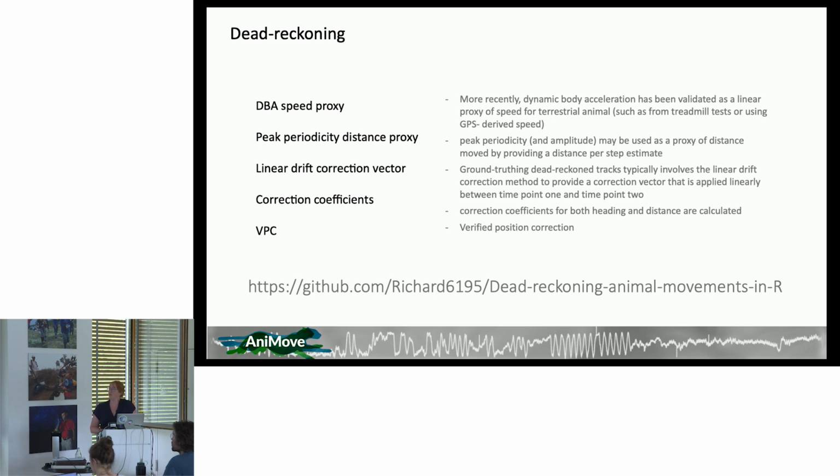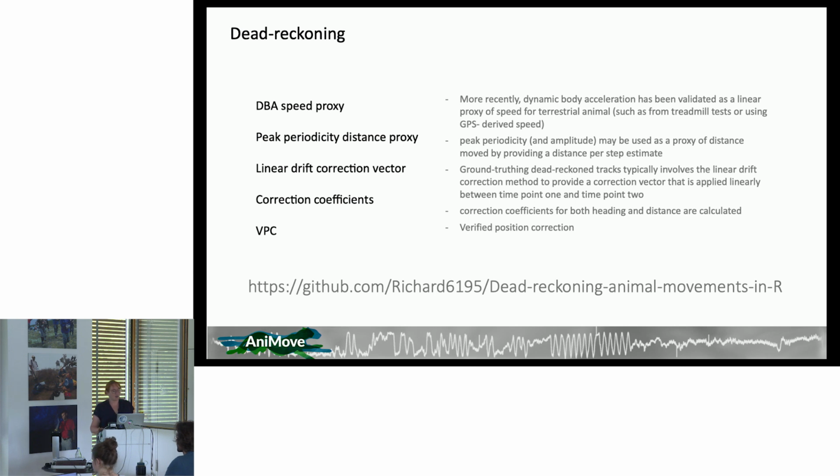So instead of using DBA as a proxy for energy expenditure, it's also a proxy for speed. You can imagine that usually speed of movement requires more input or a more explosive gait or a higher frequency in your gait. That then means the sum of your DBA is also related to speed.